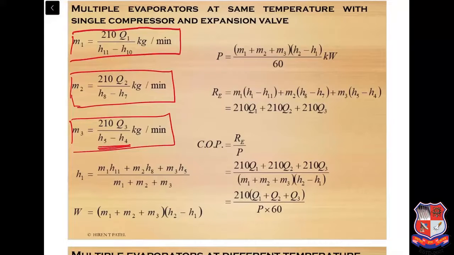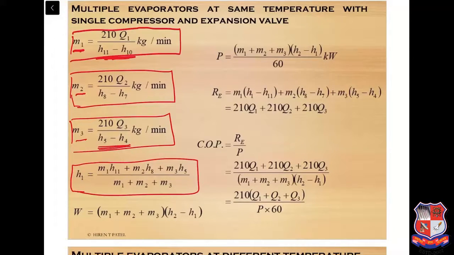So here the difference of enthalpy is different for each and every evaporator. That is the difference between the previous and this system, and H1 will be calculated from this equation, as H1 is the common point of all, that is the entry of the compressor.